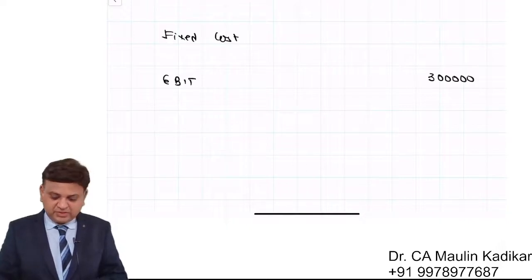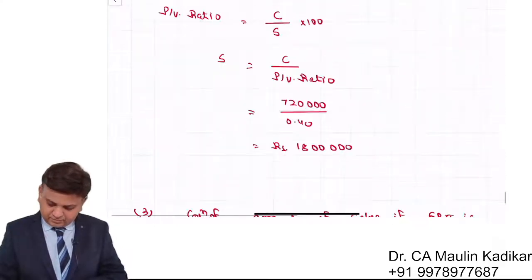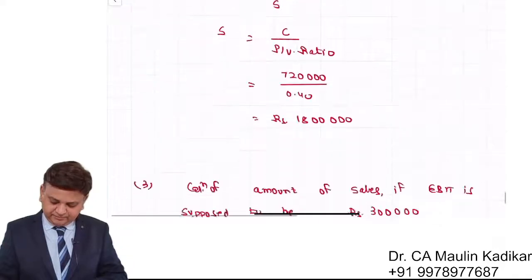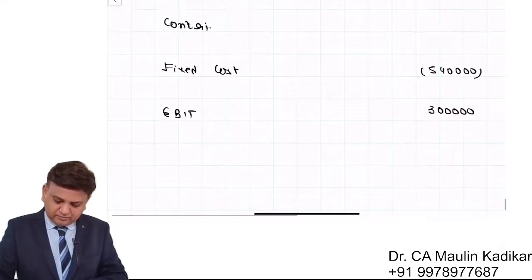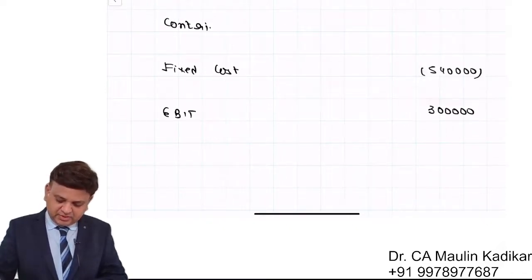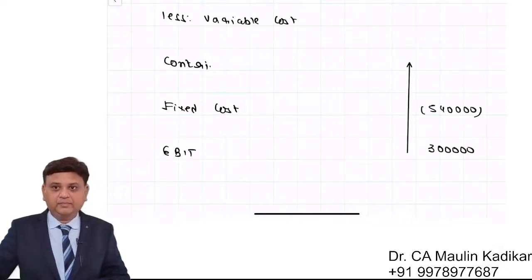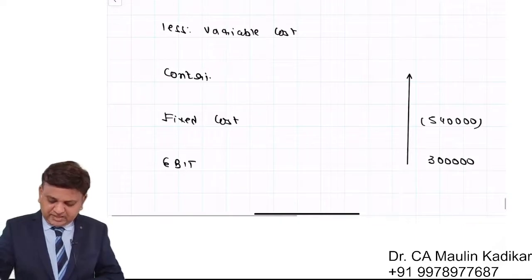Amount of the fixed cost that we already have found, 540. So contribution is 8,40,000.